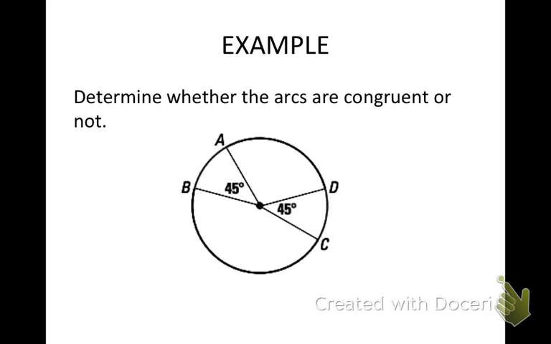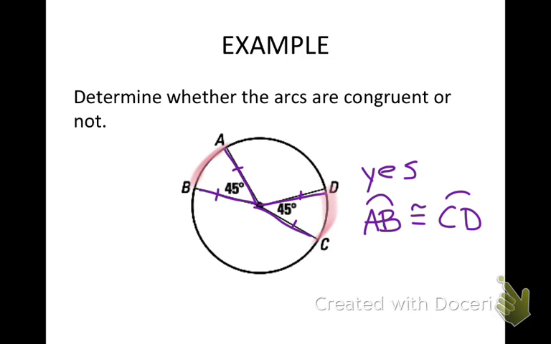Are my radii of these two angles the same? Yeah, because they're from the same circle. Are my central angles the same? Yes. So are arc AB and arc DC congruent? Yes. We could also say, make it fancy, arc AB is congruent to arc CD.